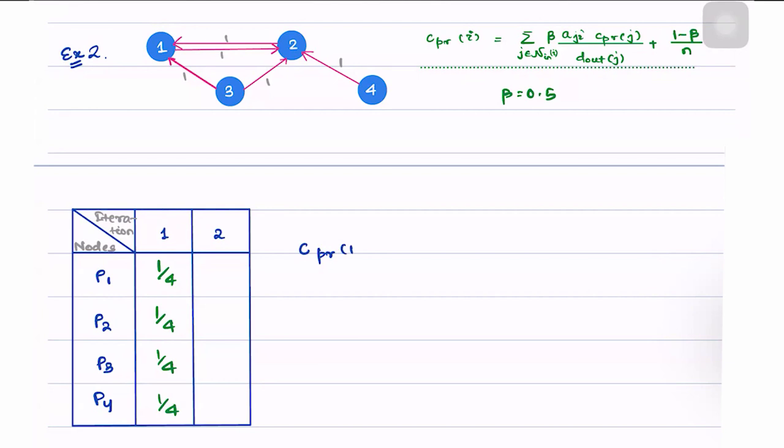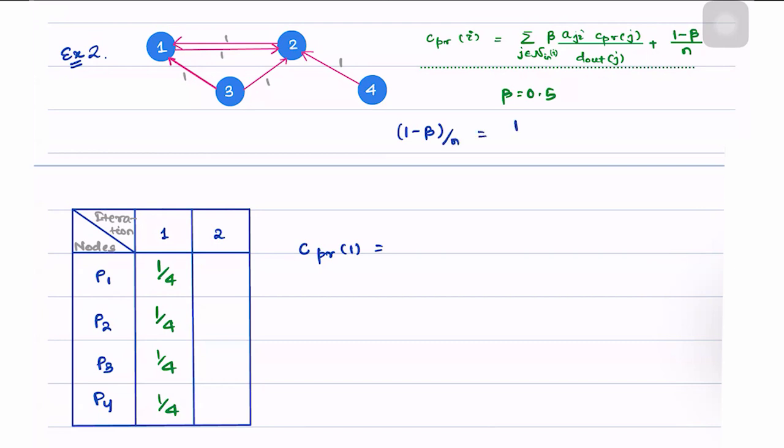In this case, for the first node, notice that the term (1 minus beta) by n given here is constant for all of the nodes. So what we can effectively do is compute it beforehand. Meaning, 1 minus beta, and n is the total number of agents, which is equal to 4 in our case.